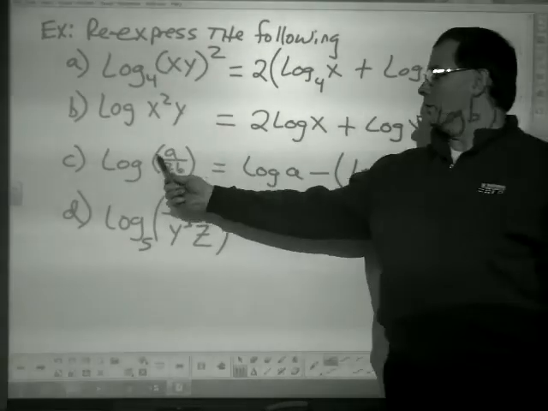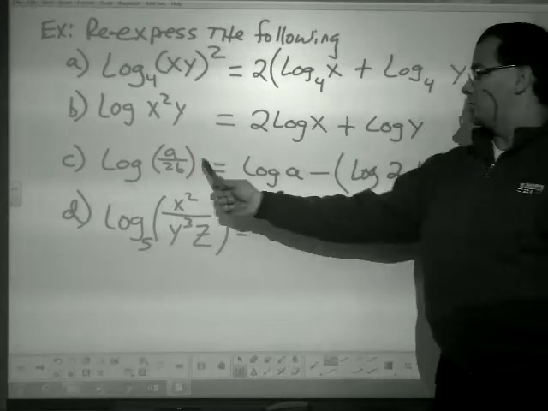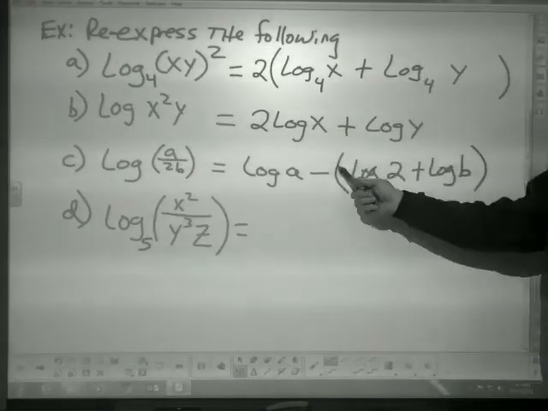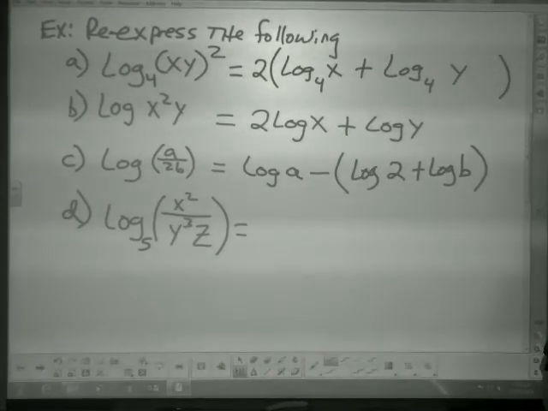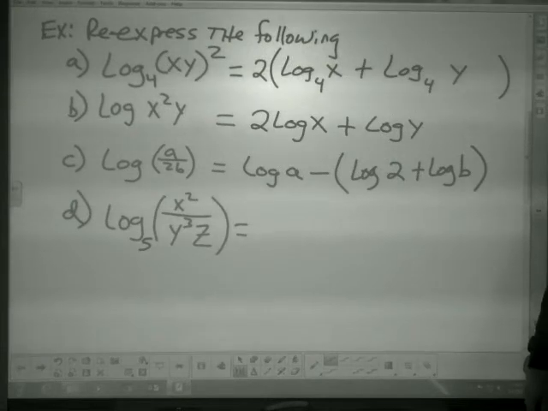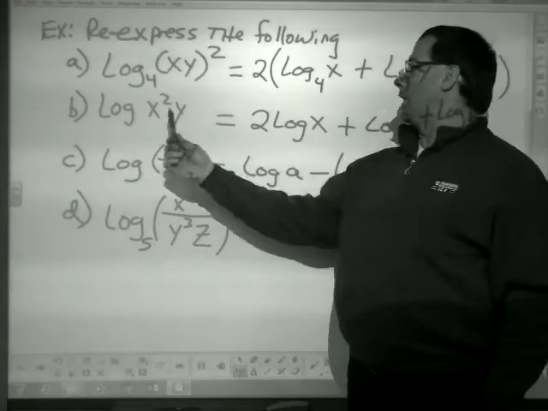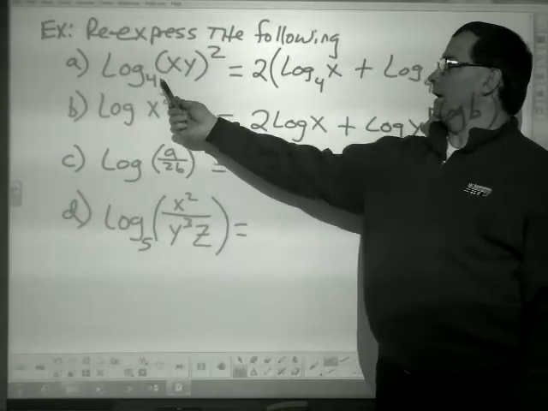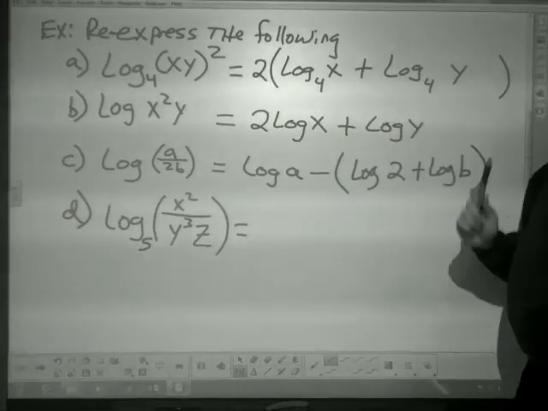So the top part minus the whole bottom part, which I need in parentheses. All right? Again, if I don't see a base, it's implied base 10. If I write a base, then that same base has to be written in the answer.